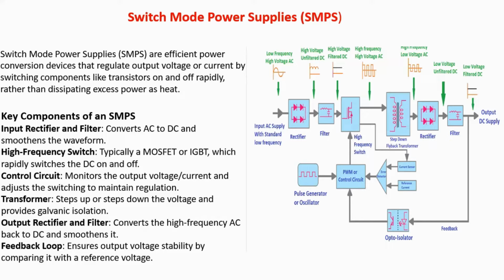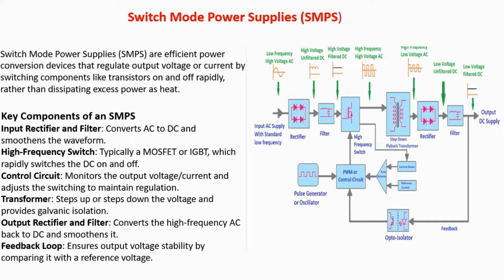So the definition part you have to understand. First of all, it's a power supply which works on a switching mode principle. That's why we call it a switch mode power supply. It is an efficient power conversion device that regulates output voltage or current by switching components like a transistor on and off rapidly.